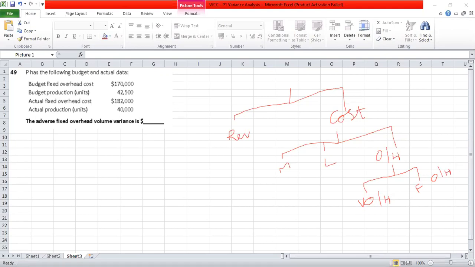What is a fixed cost? My question is simple.